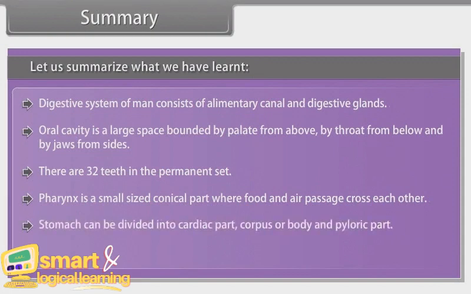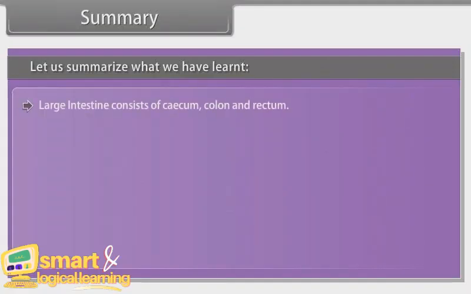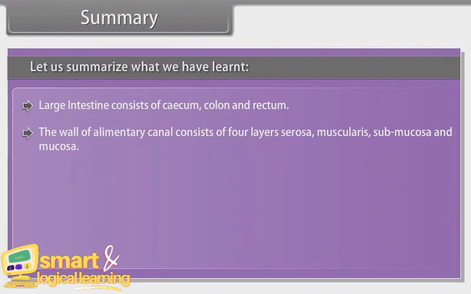Stomach can be divided into cardiac part, corpus or body, and pyloric part. Small intestine consists of duodenum, jejunum, and ileum. Large intestine consists of caecum, colon, and rectum. The wall of the alimentary canal consists of four layers: serosa, muscularis, submucosa, and mucosa.